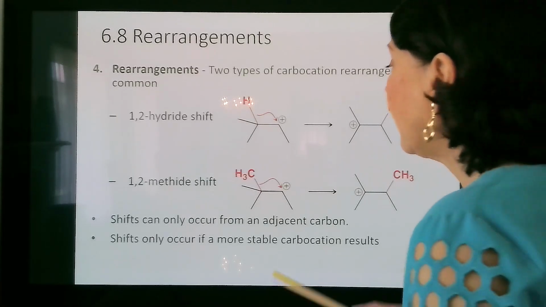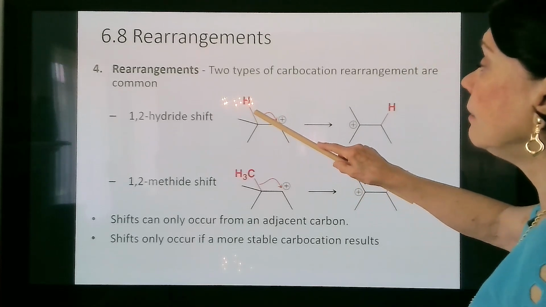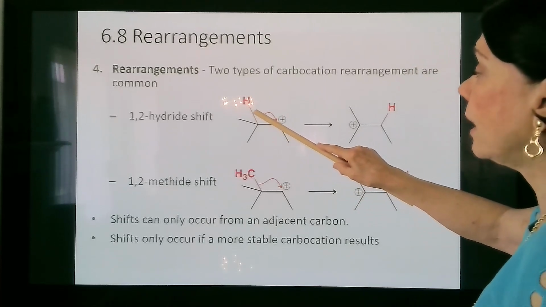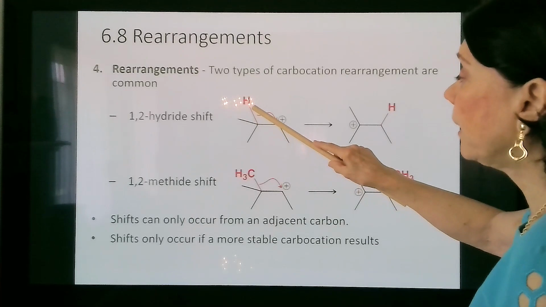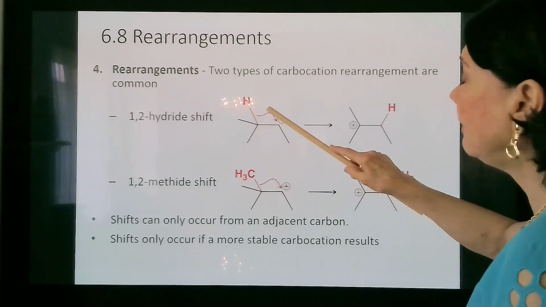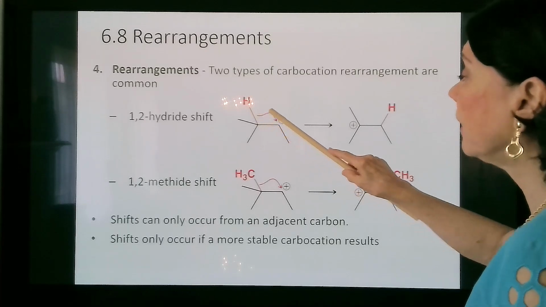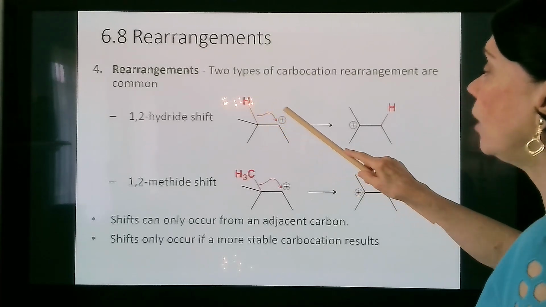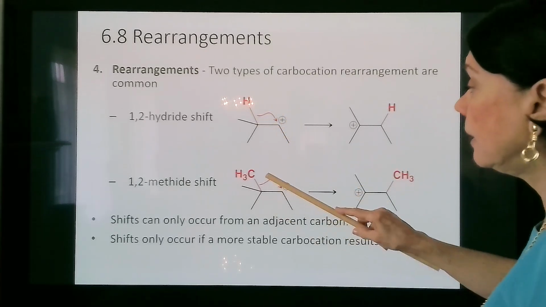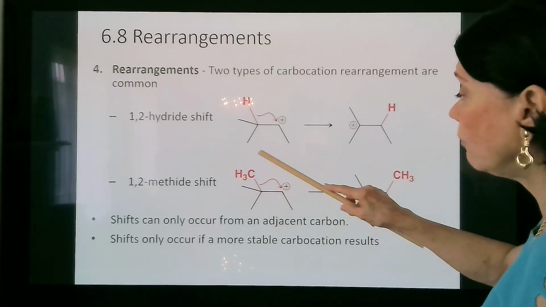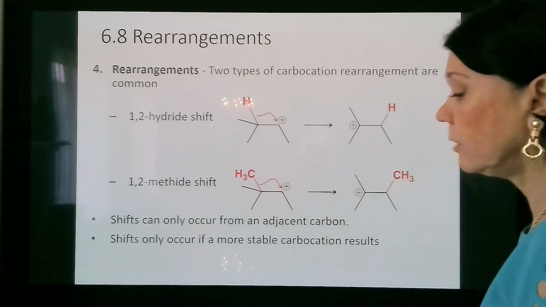Because think of it like this. Here, what's really doing the migrating is the pair of electrons in this carbon-hydrogen bond. And so what's happening is the pair of electrons is moving over, and it's dragging the proton with it. Now the pair of electrons is moving over, and it's dragging the methyl group with it.